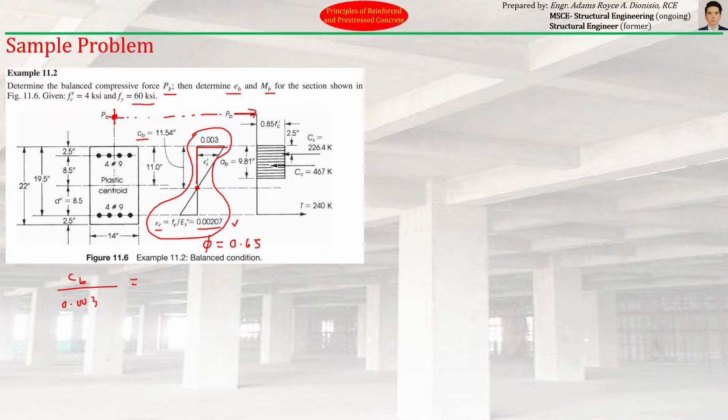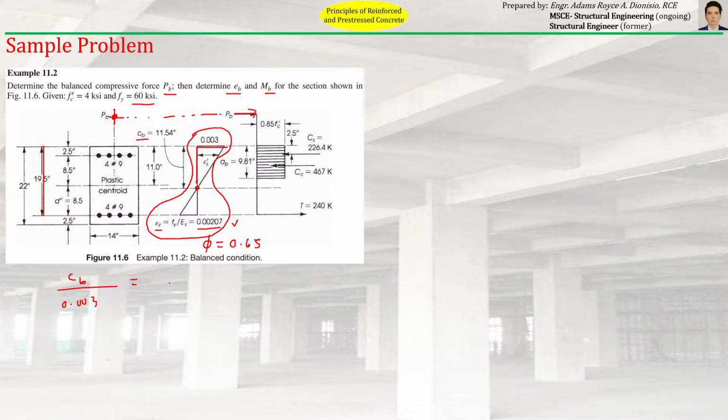Then this distance, what is that distance? If this is d, which is given, that will be d minus c. Or you can use the whole big triangle to make it easier.